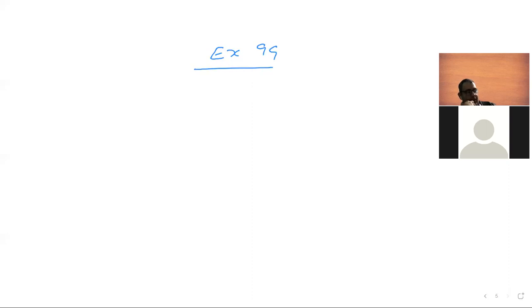So P of B given A is P of A intersection B divided by P of A. Oh, 0.45. Okay, and P of B and P of A are already given. So P of A given B is not equal to P of A, right? And P of B given A is also not equal to P of B. Okay. Fine.